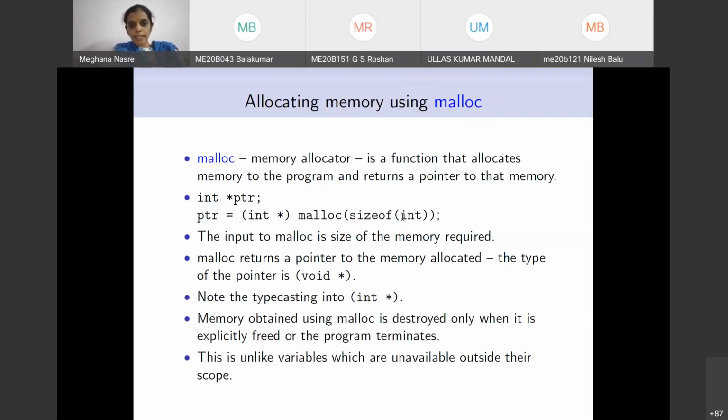This memory is destroyed only when it is explicitly freed using free, or when the program terminates. But we should always have a pointer to it if we want to access that memory. If we lose the pointer, we cannot access that memory, although the allocated memory still exists for your program.